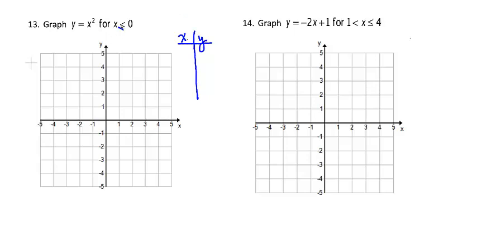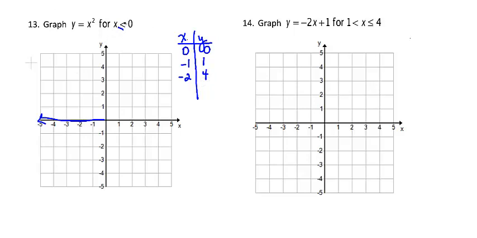I want my x values to be less than or equal to 0, so they have to be to the left of 0. I can include 0, -1, -2, and then if we square those values, y is x squared: squaring 0 we get 0, squaring -1 is 1, squaring -2 is 4.